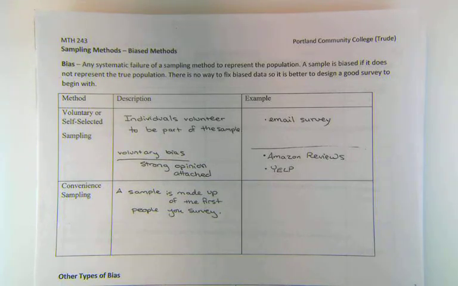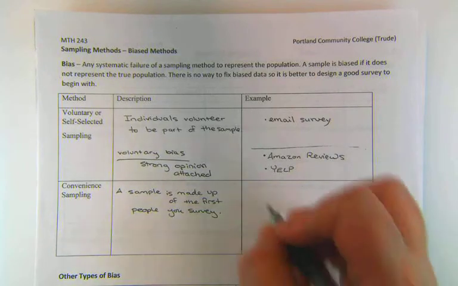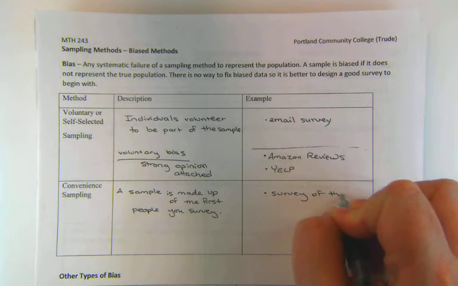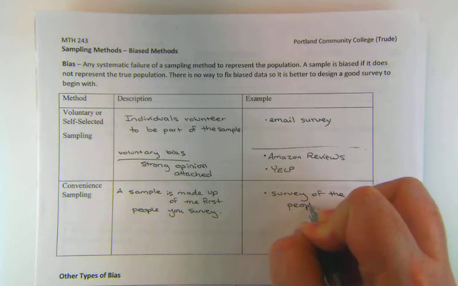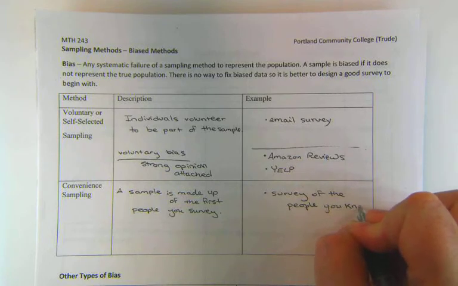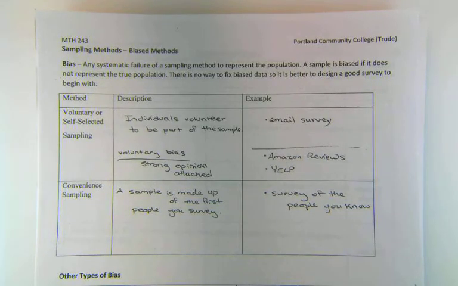Probably the first people you're going to talk to are either your classmates, people sitting right next to you, or maybe you hop on Facebook and create a survey. But both of those are going to be a survey of the people you know, or people that you have easy access to.